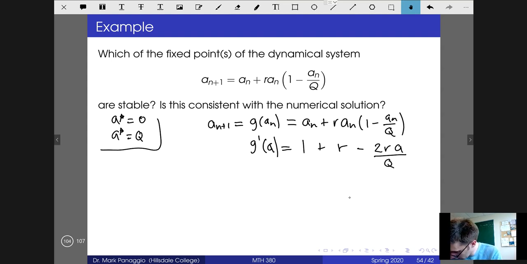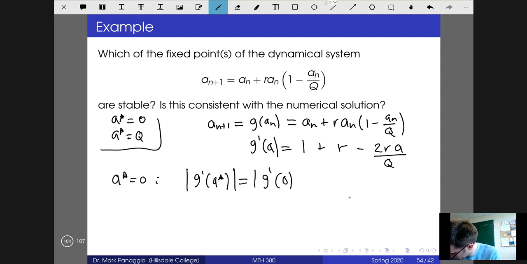And now if I look at this first fixed point, a star equals 0, and I compute g prime of a star, that's just g prime of 0. I get 1 plus r. And we want to know when is that stable, and it's stable when the absolute value of the derivative is less than 1.